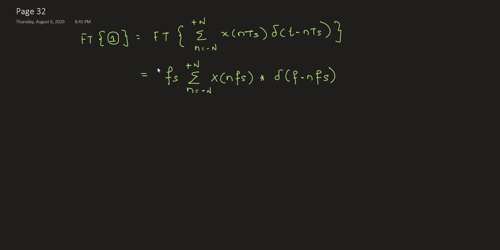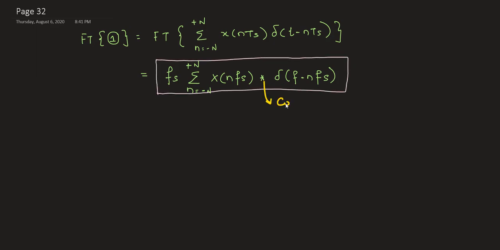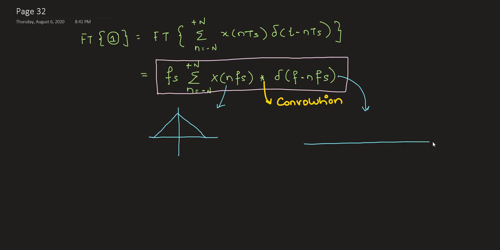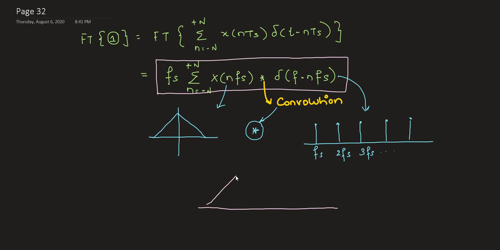And now let us see the frequency equation for sampling. An important thing to note is we have the convolution, and the Fourier transform of x of nFs, of the continuous signal, is a hat function, and the Fourier transform of an impulse is a delta.